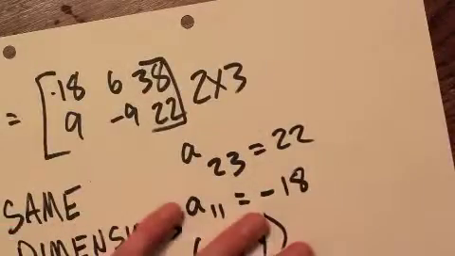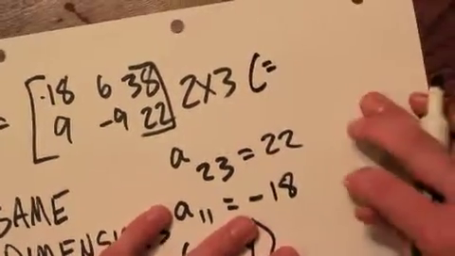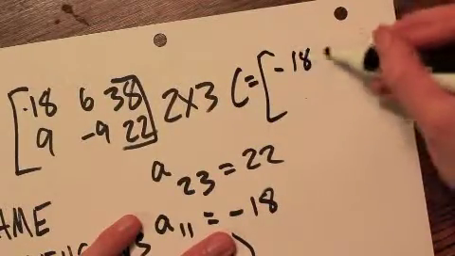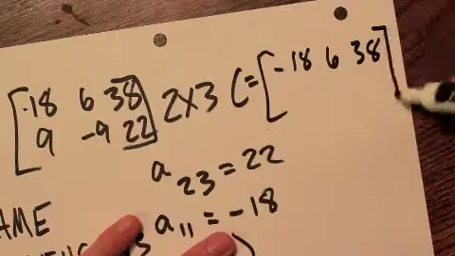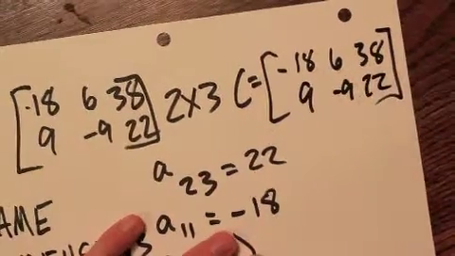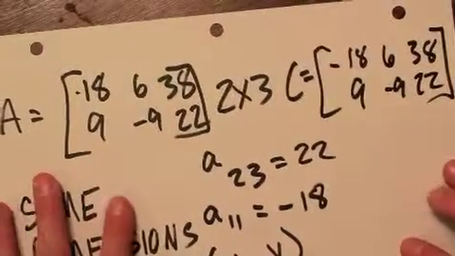The only way matrix A could ever be equal to, let's make up a matrix C, and let's give it the same dimensions. They're both a 2 by 3.